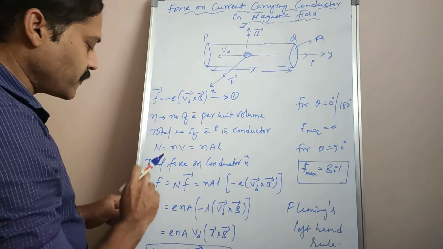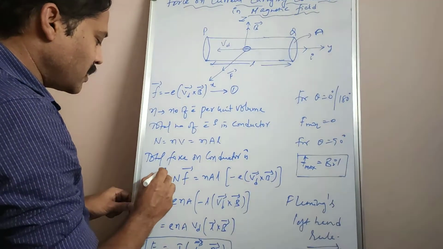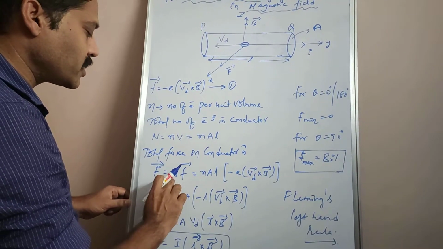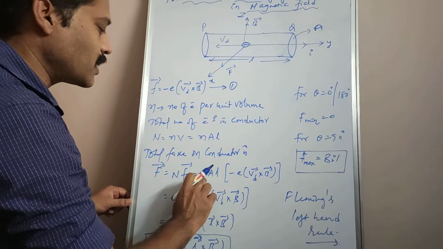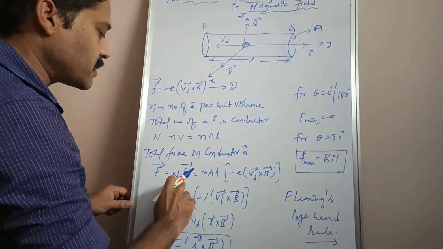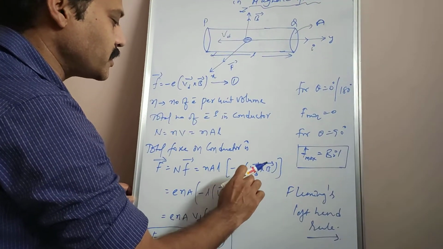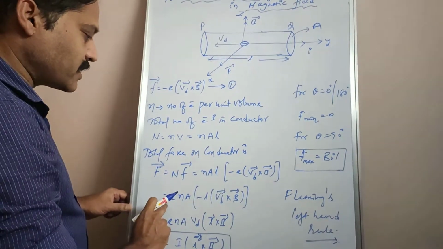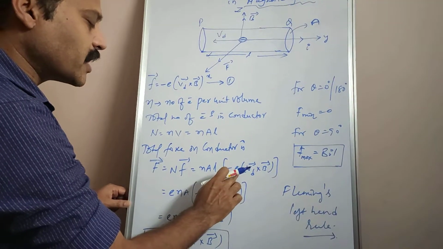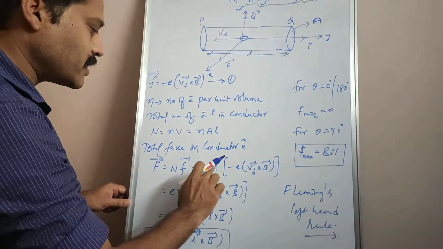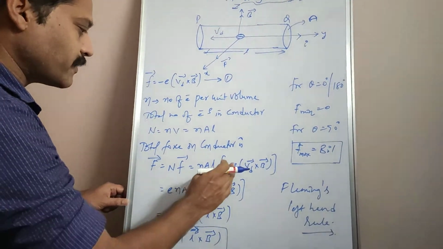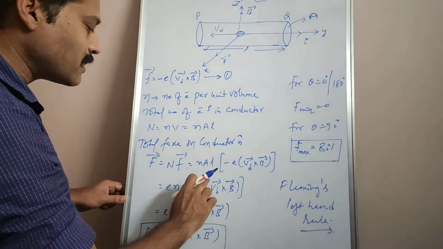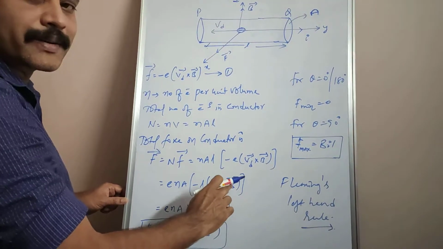So F bar is equal to N into f bar, that is equal to, in place of capital N we take small n A into L, and in place of f we take minus e into Vd bar cross B bar. We take out the charge of the electron and take L inside. Therefore, e n A into minus L into Vd bar cross B bar.